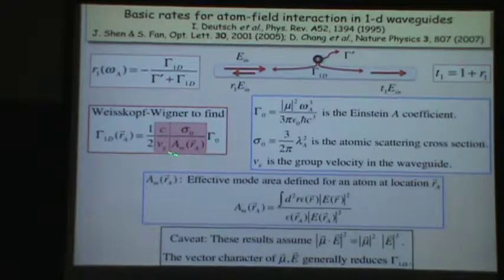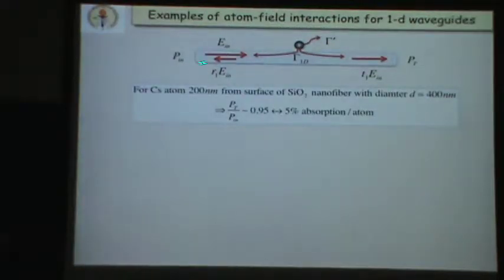And this is the simple story. What does this area really mean? Well, you don't want to know. It's just how big the mode is, where the electric field is concentrated. To give two examples: first, a nanofiber, which has been pioneered by a group first in Germany and then in Vienna, to really demonstrate trapping of atoms along a structure like this.